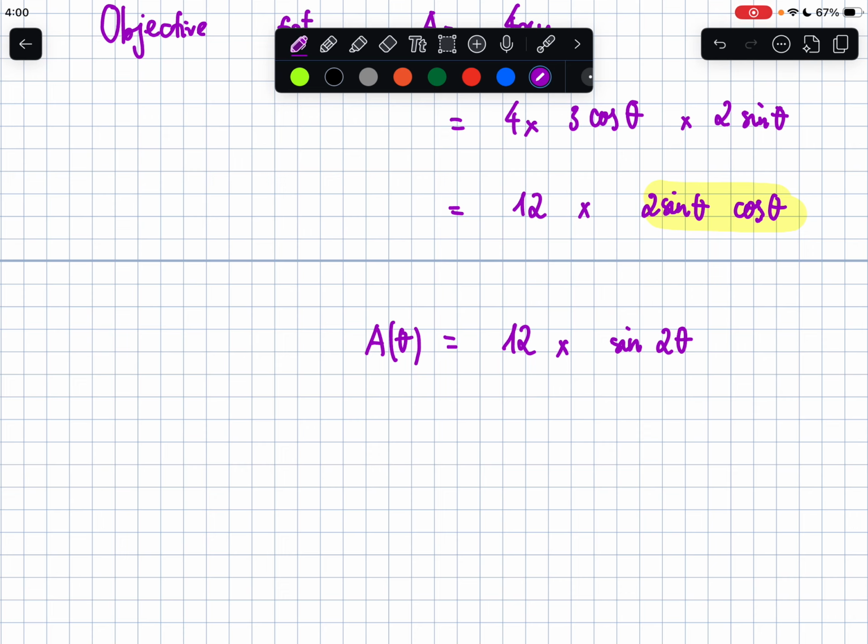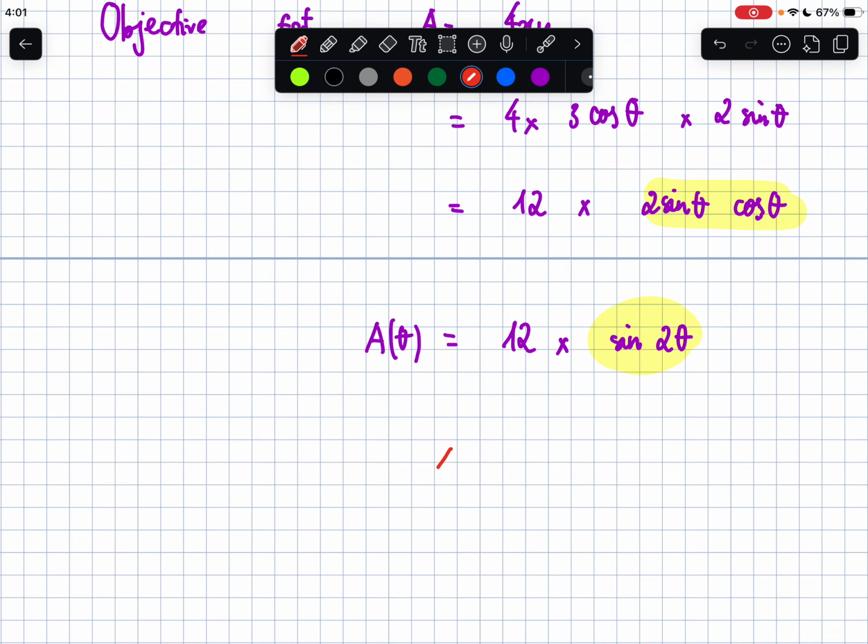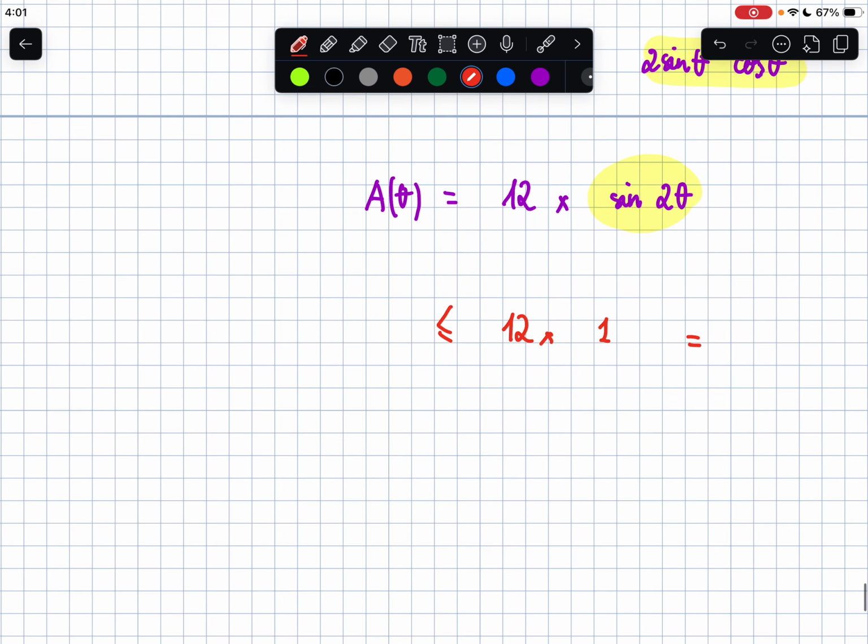So now here we see that sine is always less than or equal to 1. So this is less than or equal to 12 times 1. So the maximum area is 12.